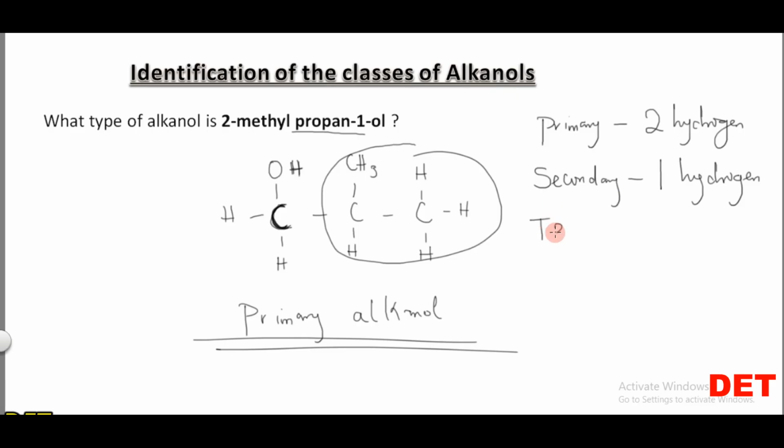While tertiary alkanols, we have no hydrogen atom attached to the carbon atom bearing the hydroxyl group. So if you look at this, we have two hydrogen atoms attached to this carbon atom bearing the hydroxyl group. So this is an example of a primary alkanol.